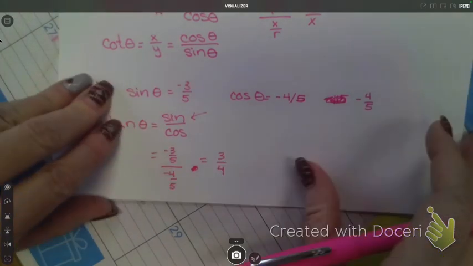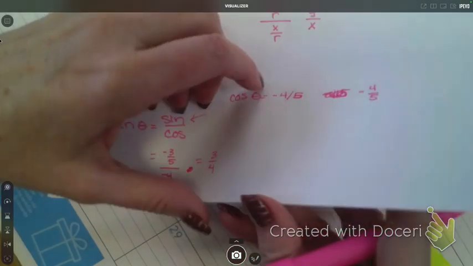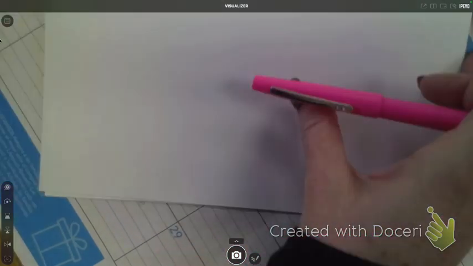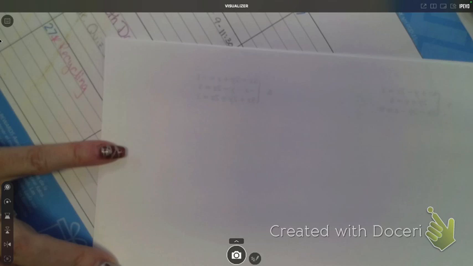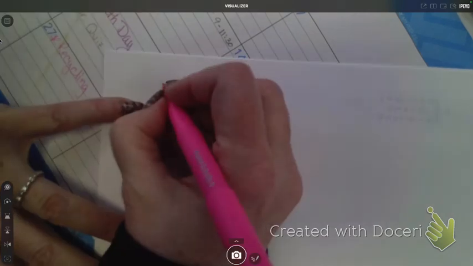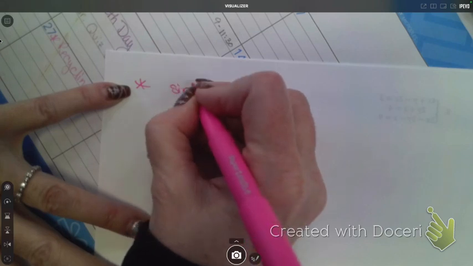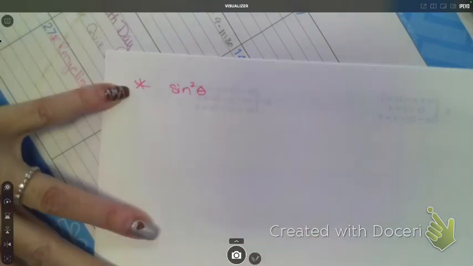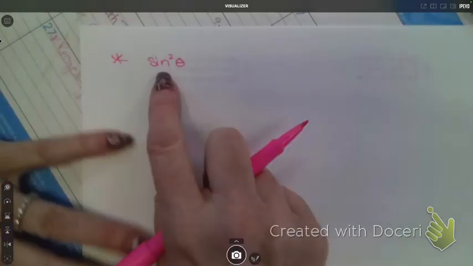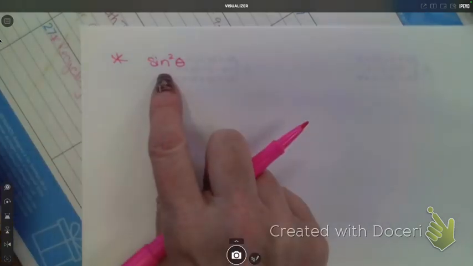Am I good? Okay, just a notation. When I write sine squared of theta, okay, sine is a function, correct? Can you square a function? Like, can you square f of x? No. You can square numbers or values, but you can't square a function, right?